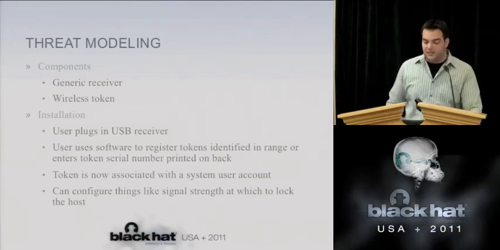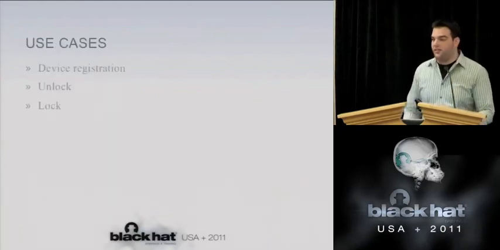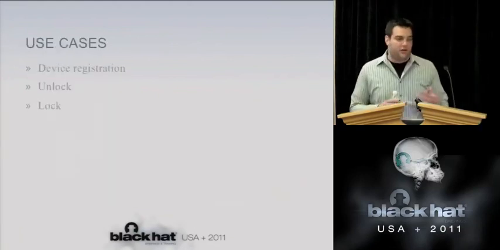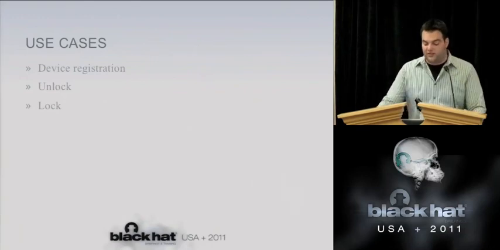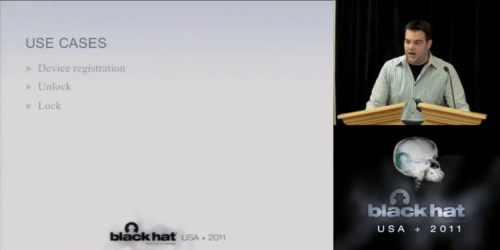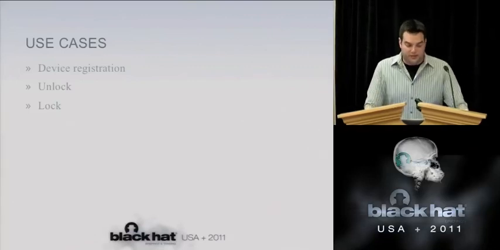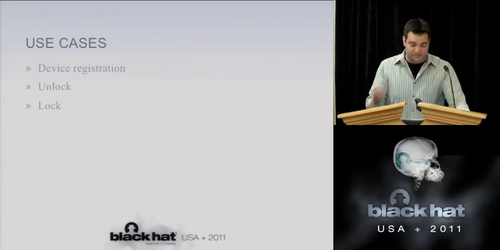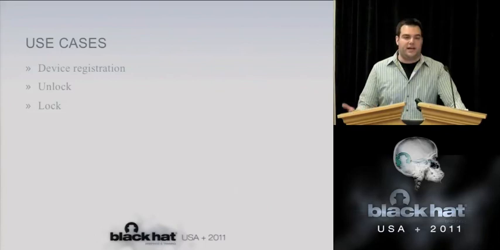So, but we still really have the same use cases to look at. The first is device registration. So we talked about that installation process. What's actually being done to register those devices? What's being done to unlock the host computer? What information is being sent over USB to signal an unlock? And then at the same time, what's being done to signal a lock, to say, hey, I'm out of range, lock the computer.